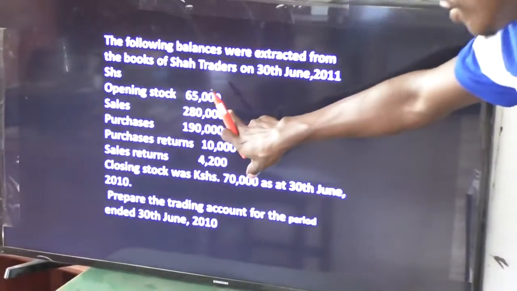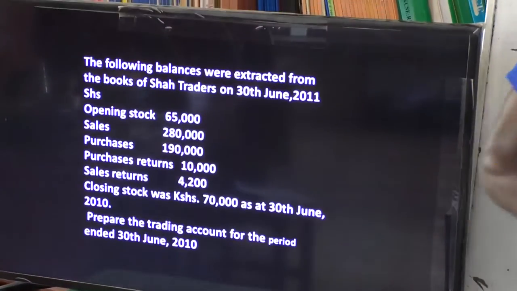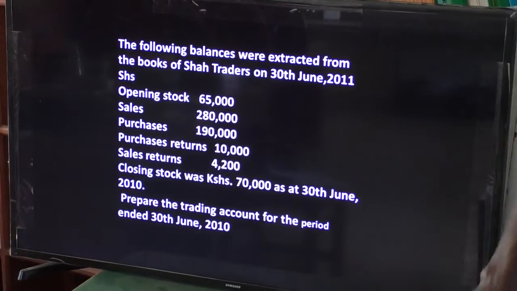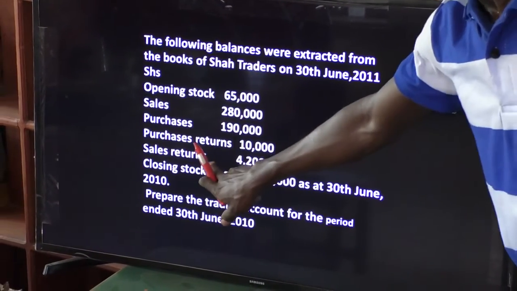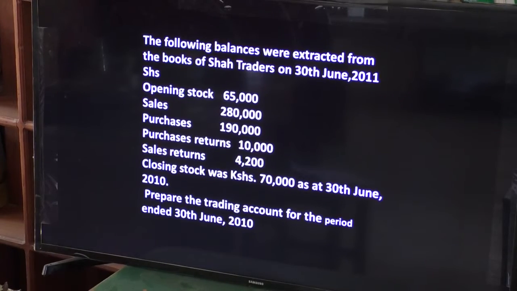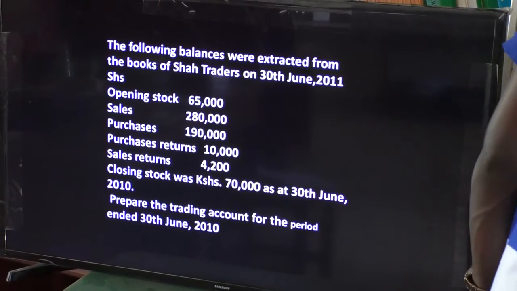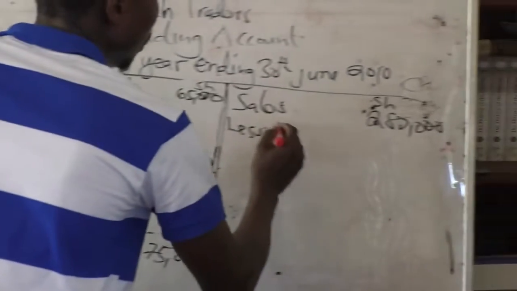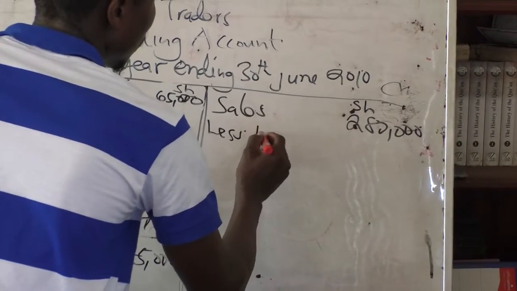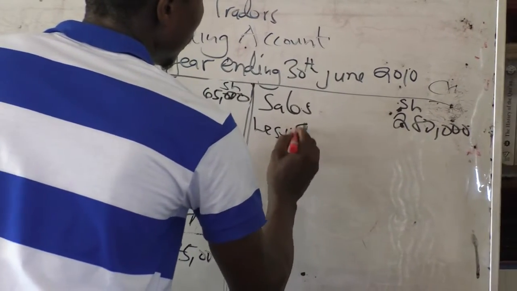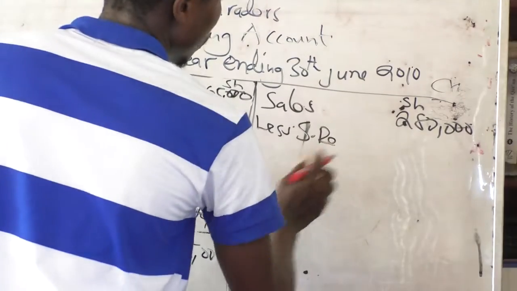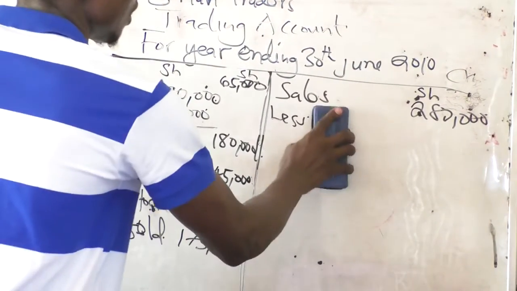The sales was 280. We've written that, but we say that any sales return we are supposed to subtract from the total sale to have a net sales. So we are going to say less sales return, or we say return on sales, still okay.